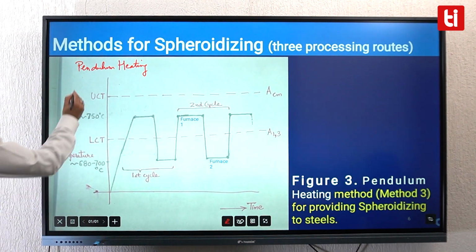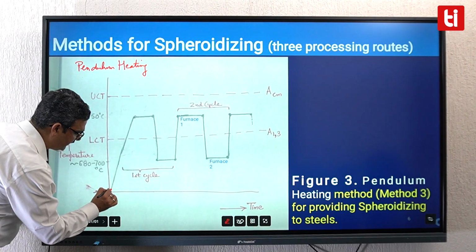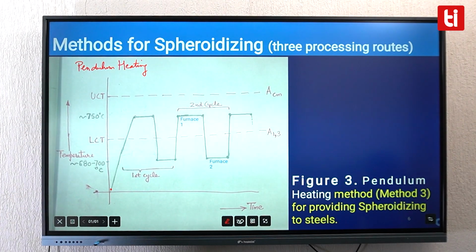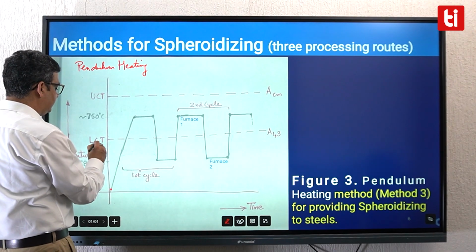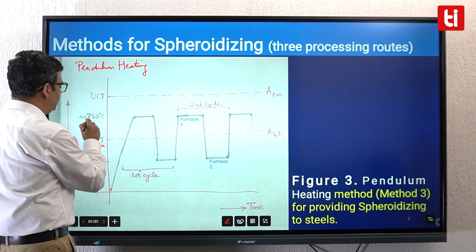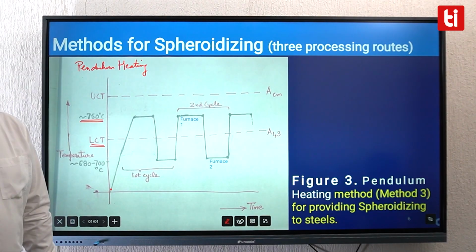So in this third method, the final method for spheroidization annealing, you take the high carbon steel or the alloy tool steel at room temperature, you take it to a temperature higher than the lower critical temperature of the steel. Temperature is generally kept around 750 degrees centigrade.